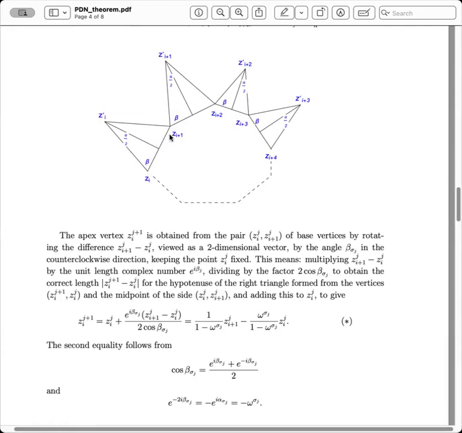But the length of this base is not the same as that of the hypotenuse. So we have to normalize it by dividing by the factor 2 times the cosine of beta in order to obtain the correct length of the hypotenuse.